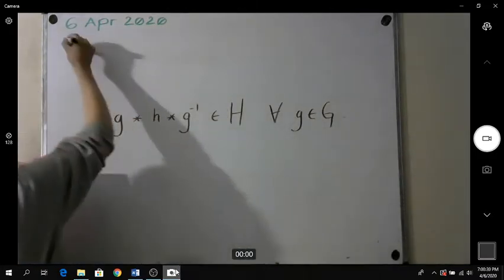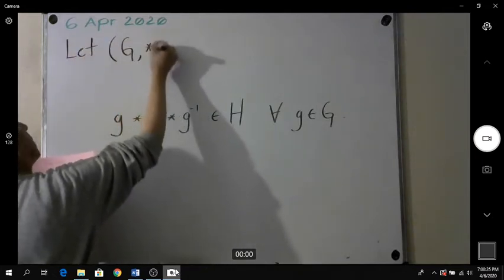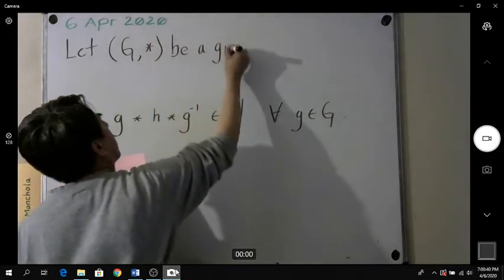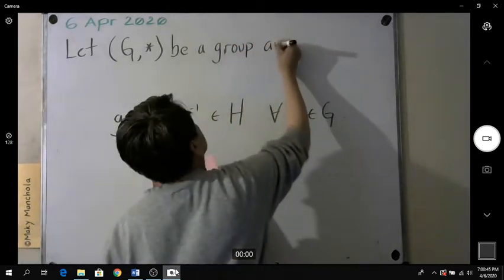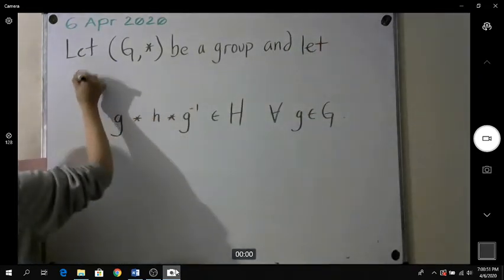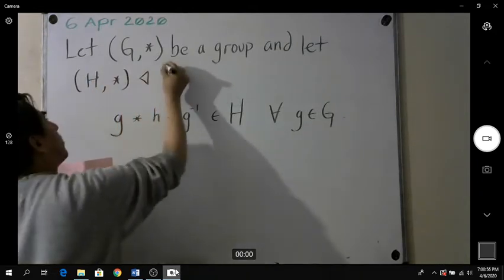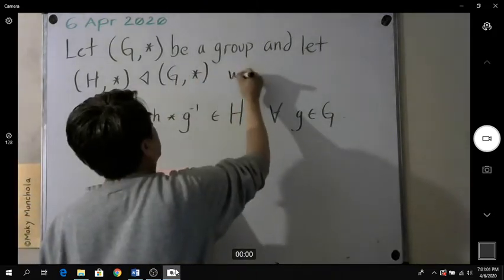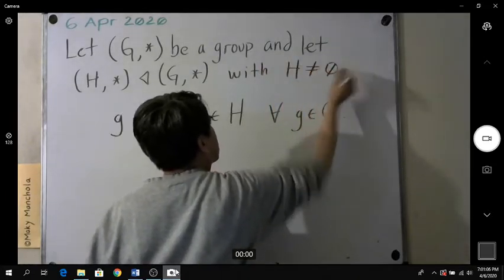So here is the hypothesis. Let G star be a group and let H star be a normal subgroup of G star, and H is not empty, H different than the empty set.